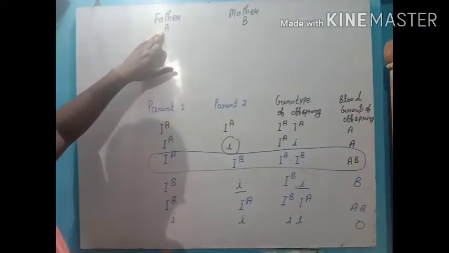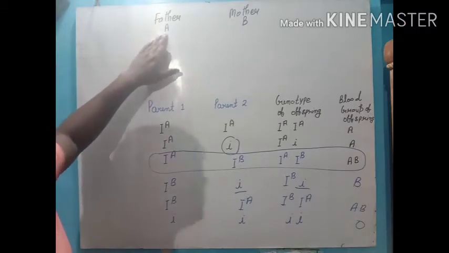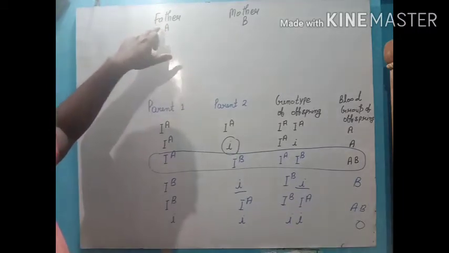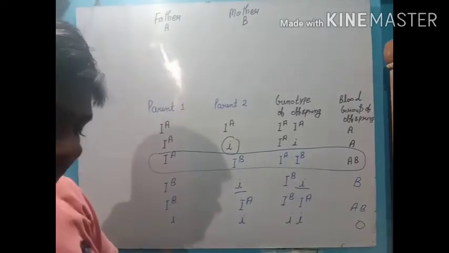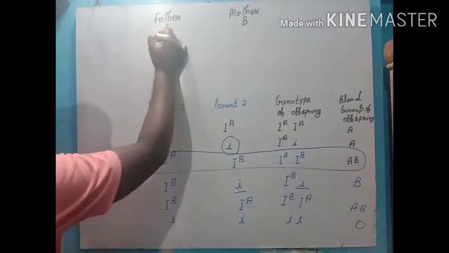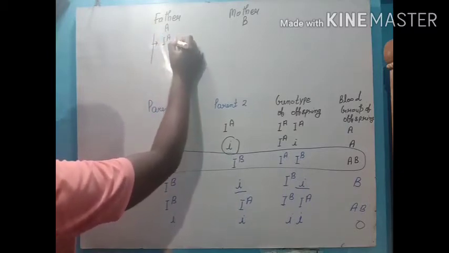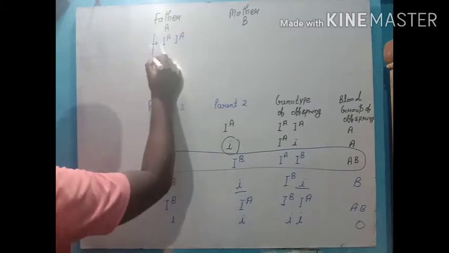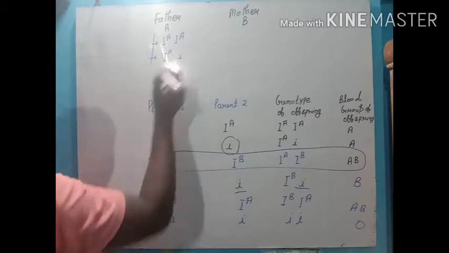We have to make the genotype form. How? What are the possibilities of having A and what are the possibilities of having B? A can be in two situations. This is the situation and here this is the situation.